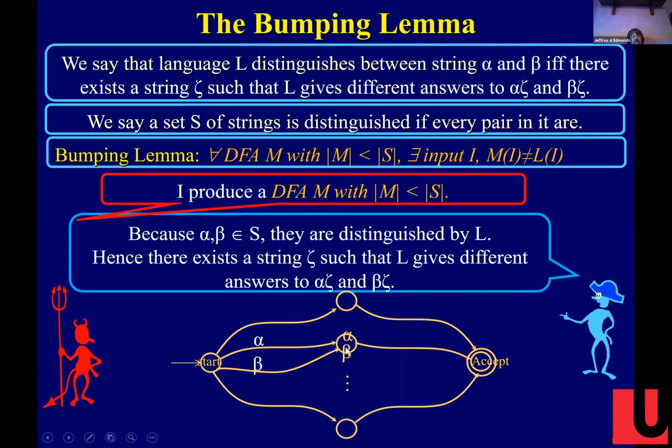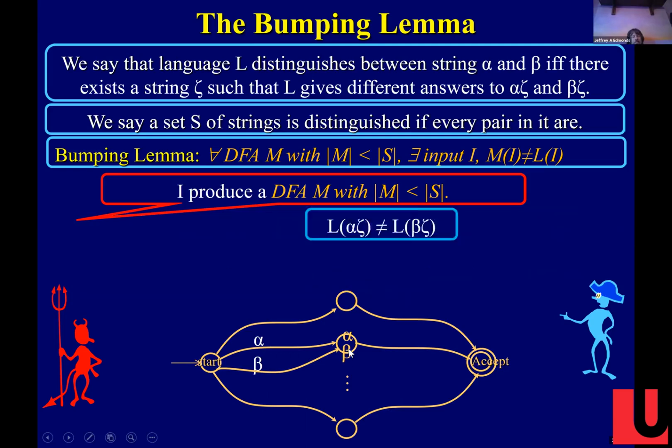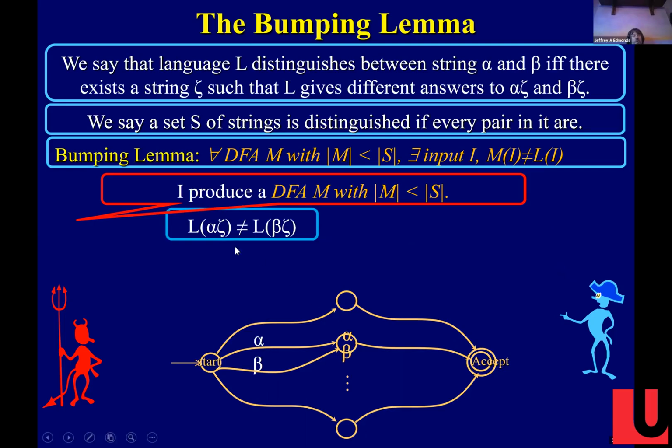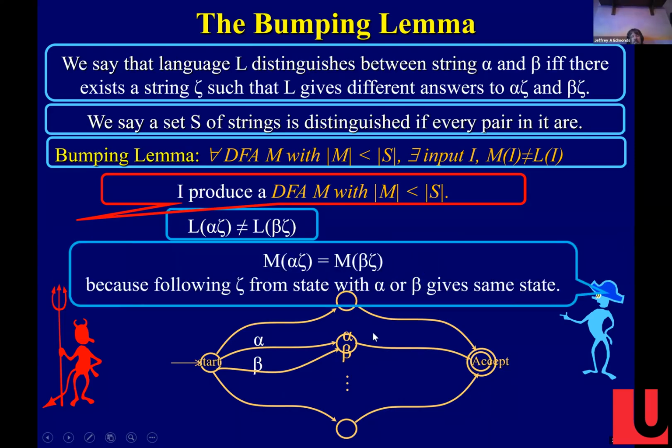So let's start at this state and run zeta. All we know is that alpha zeta and beta zeta have different answers in the language. We don't know what that answer is, but one's yes and one's no. Our goal is to prove that your machine gives the same answer on alpha zeta as on beta zeta.